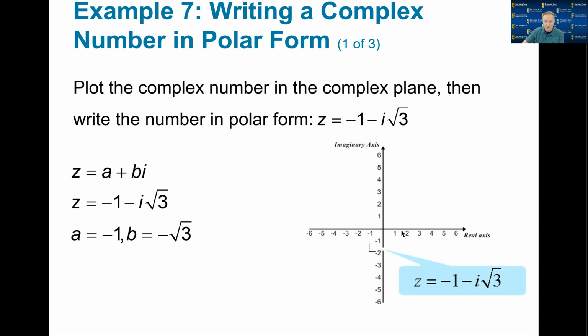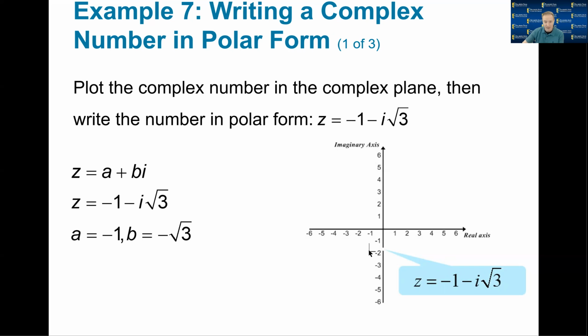So if I'm looking at this here, I've got my little arrow at where the point would be. The real number component is -1, so I go to -1 on the x-axis. And then the imaginary number is -i root 3. Well, I know that the root of 3 is like 1.732. So I'm going to the left 1, and I'm going down about 1.732 units.